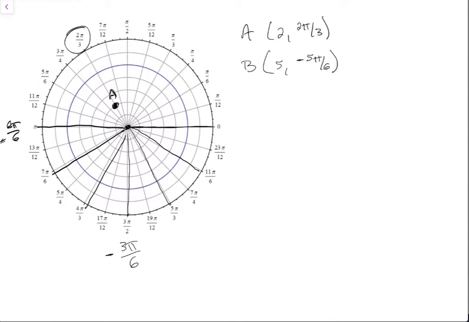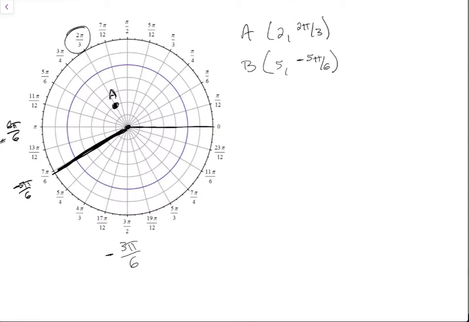So I can see that here was the -5π/6. There was the terminal side of that angle measure. I'm going to come back and erase the rest of those. So here's -5π/6 right here. Now that I've located -5π/6, what I want to do is move a radial distance of 5 along that line.